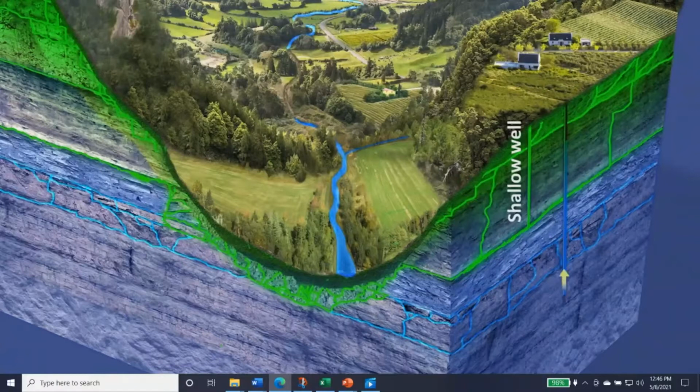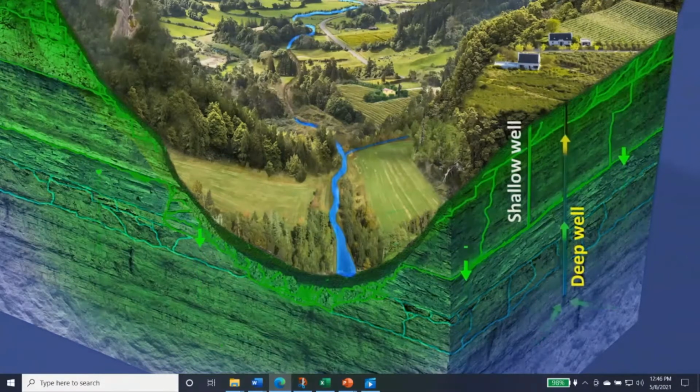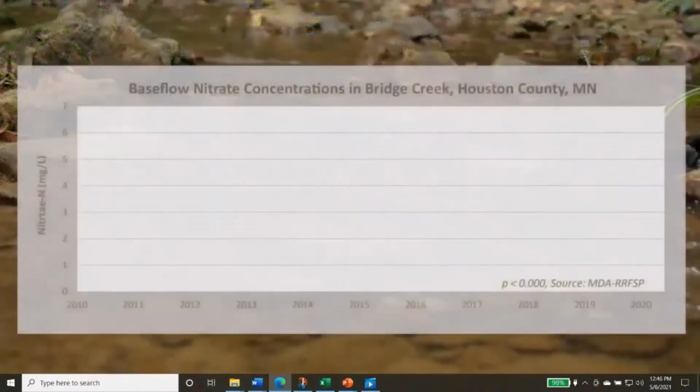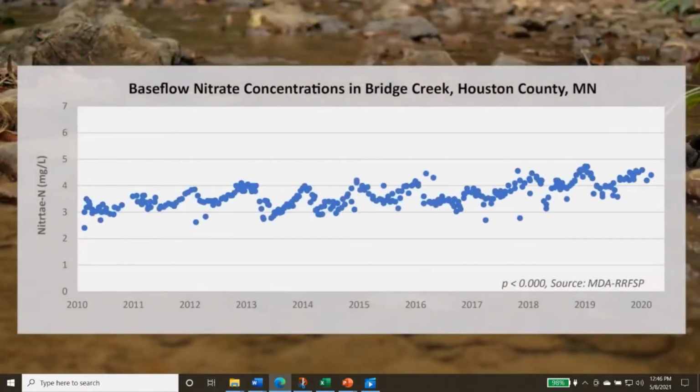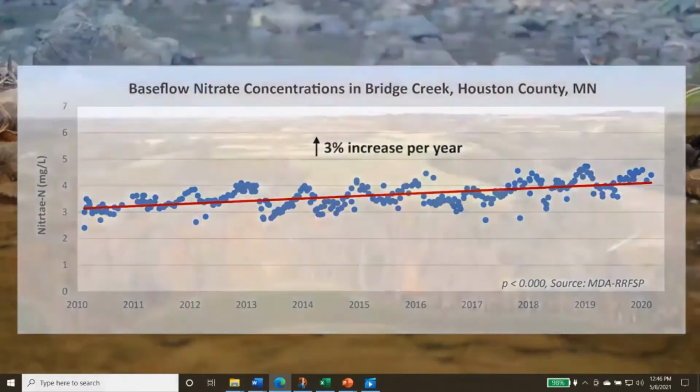Despite nitrate dilution from mixing of older groundwater, nitrate can still move to deeper aquifers, slowly increasing in concentration over time. Long-term water monitoring has shown that nitrate concentrations are increasing in groundwater flowing to bluffland streams. This rate of increase is about 3% per year.